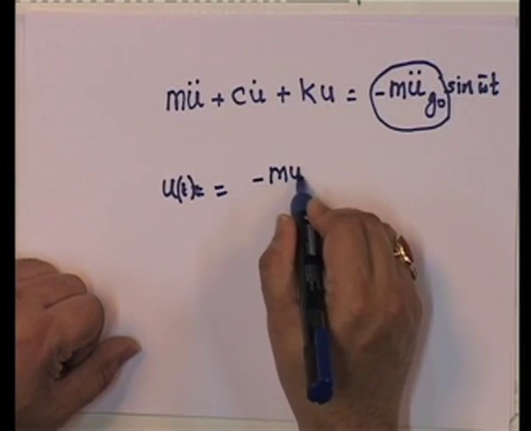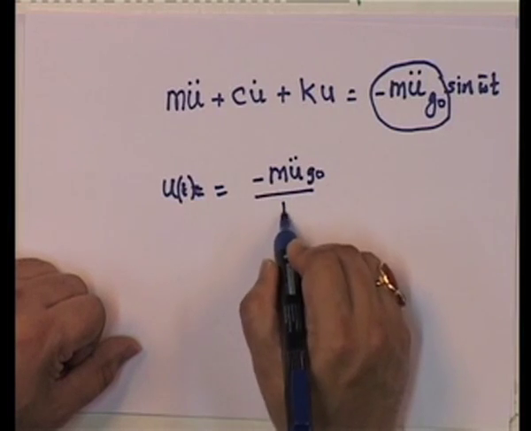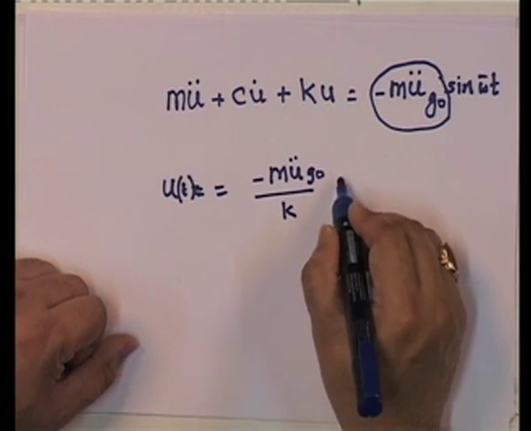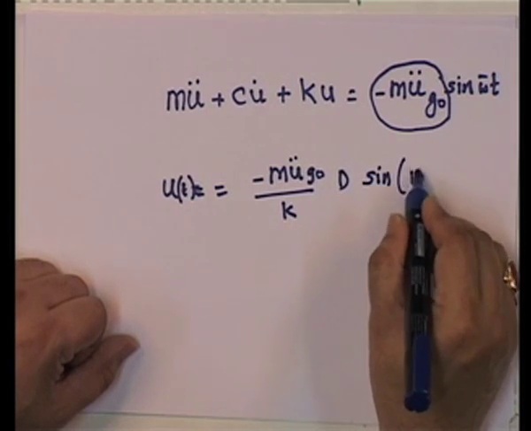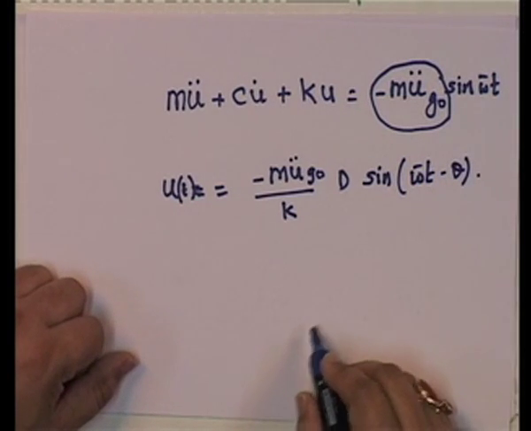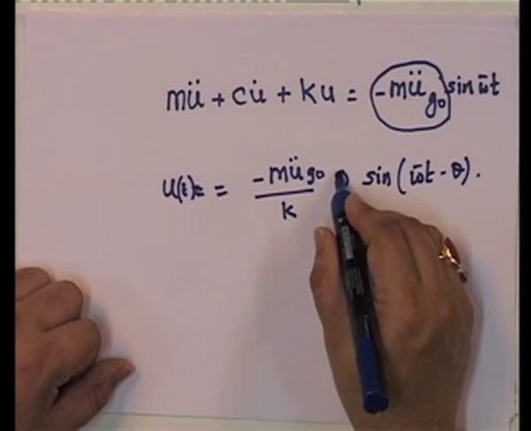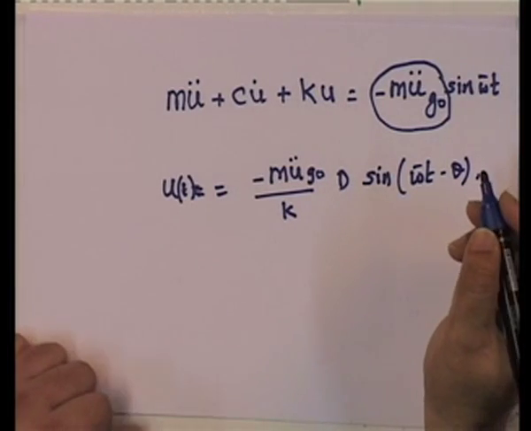Well, it is f 0 upon k into d into sin omega bar t minus theta. Okay, where we know what theta is, we know what d is. I do not want to belabor the point. Okay. So, this is u of t.